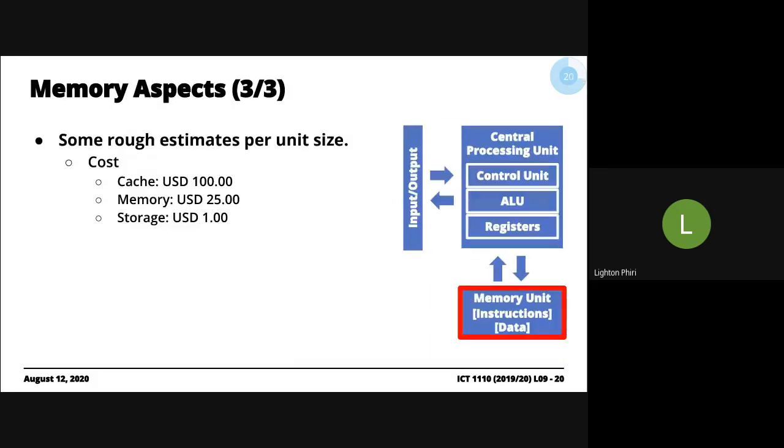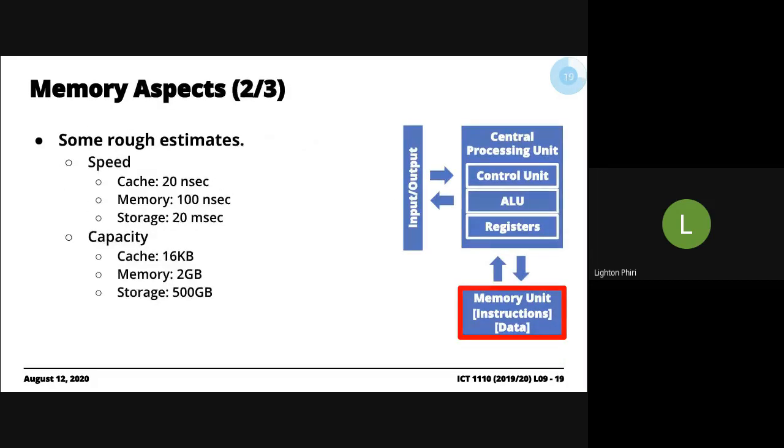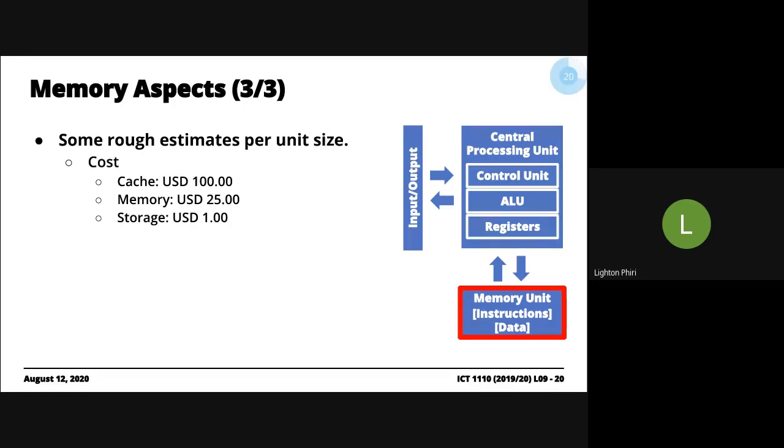Now, these are just rough estimates. This is by no means exact, but it gives you an idea of how these traits tend to change. The speed and the capacity are pretty much obvious, but what I thought I would emphasize here is this idea of cost.